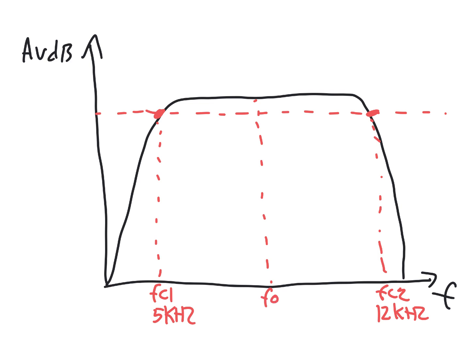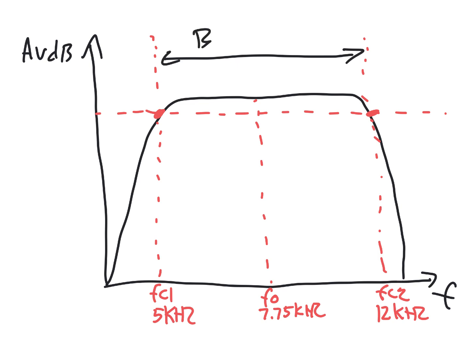FO was, I think, 7.75. Okay, so the bandwidth (7 kilohertz), and I set the passband voltage was 4 volts.